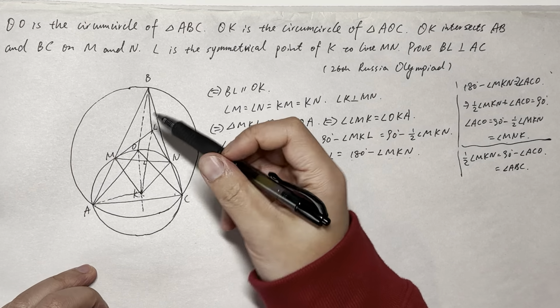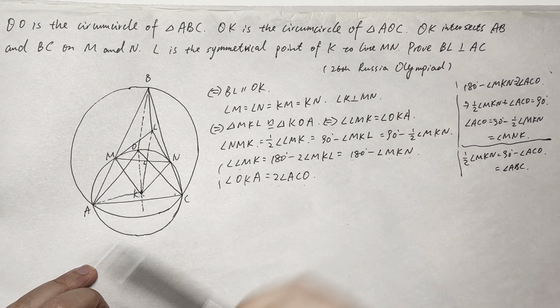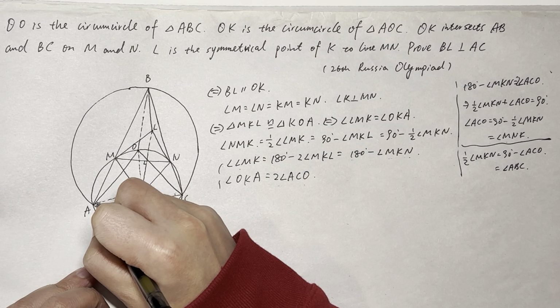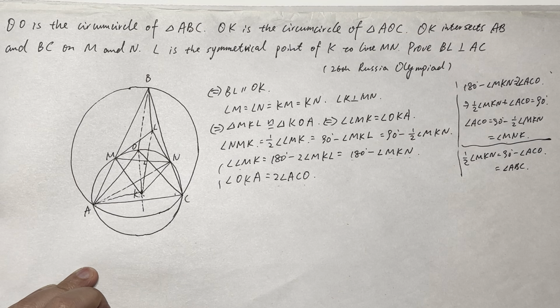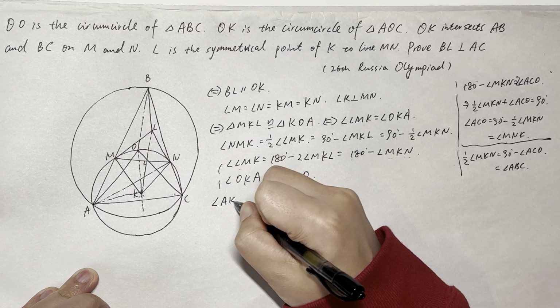So let's think about how we can associate angle ABC into this region. Let's connect AN. Now let's think about angle AKN.